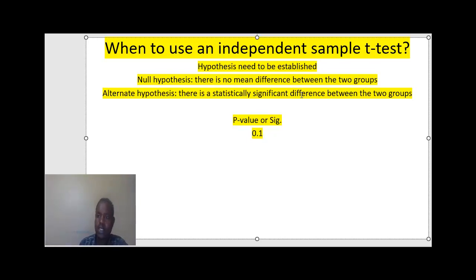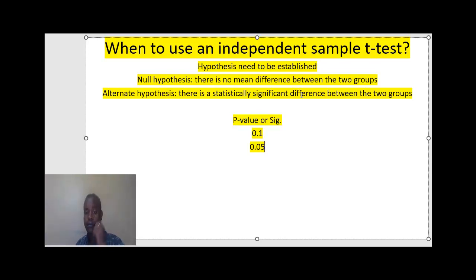Okay, 0.1 means 10%, and the margin of error in social science could be tolerated to 10%, but usually one would take 5%, which is 0.05, like this. Okay, so the margin of error depends upon the researcher's decision, and it may vary from researcher to researcher based on the field or the subject of the study.